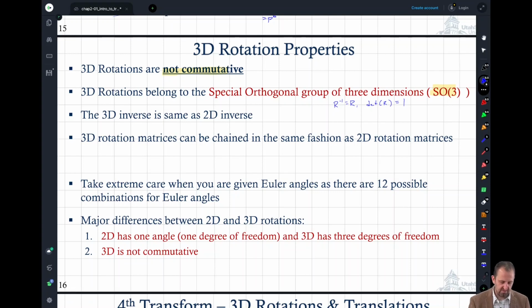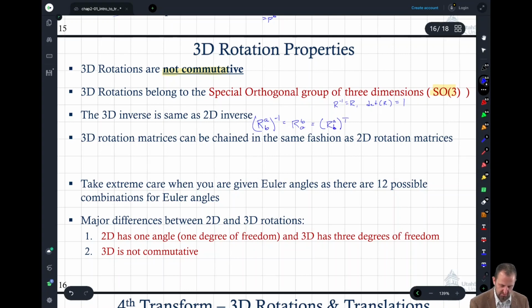Okay, the 3D inverse is the same as the 2D inverse, meaning that we have that RBA inverse is equal to RAB, which is equal to RBA transpose. So we still have that same property.